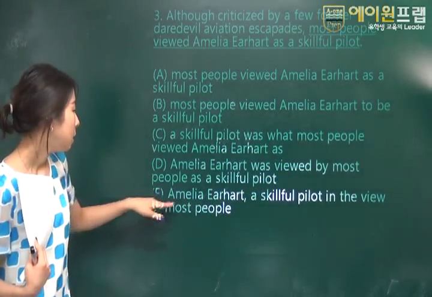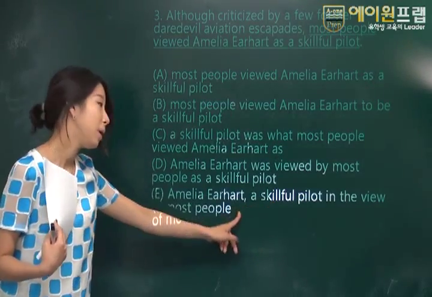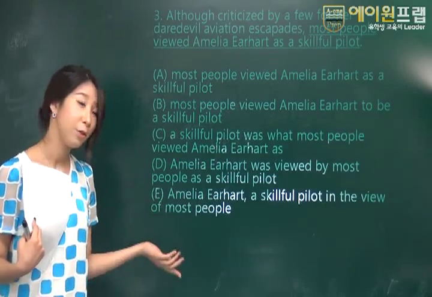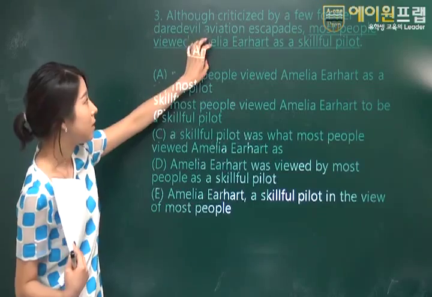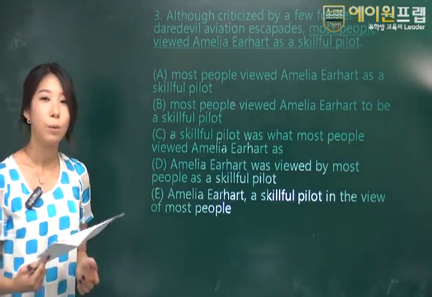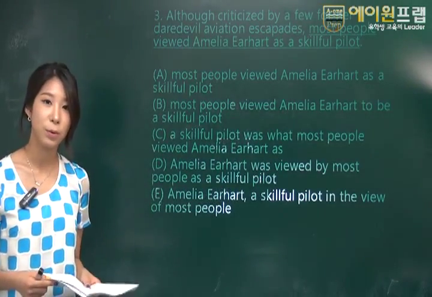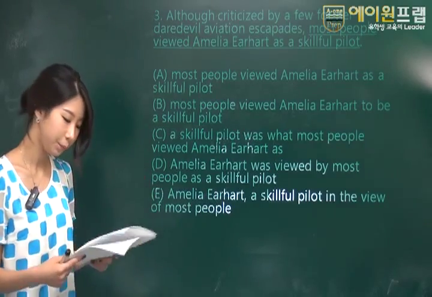And in E, Amelia Earhart, comma, this part is going to be describing her, a skillful pilot in the view of most people. It doesn't have a verb, and the first part of the sentence doesn't have a verb either. So when we combine them, it's just going to be a fragment. It's going to be nothing. So that's why D is the best answer.